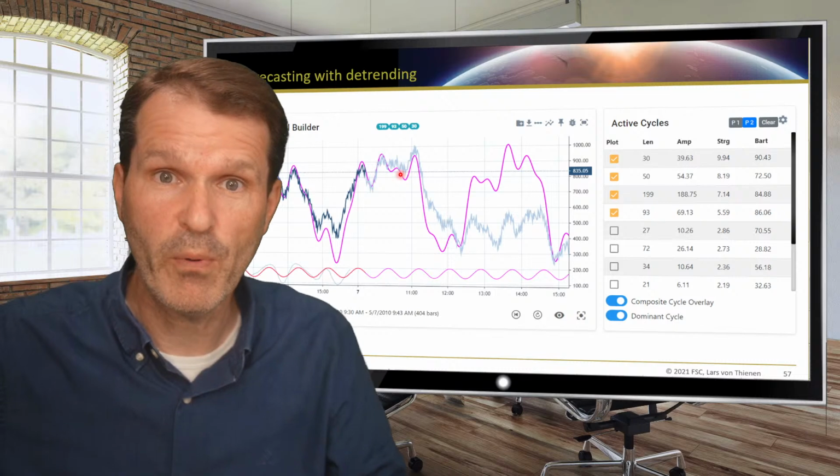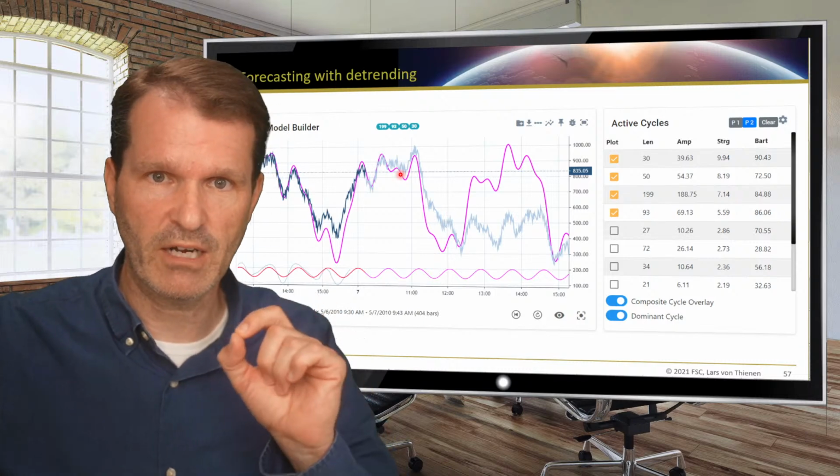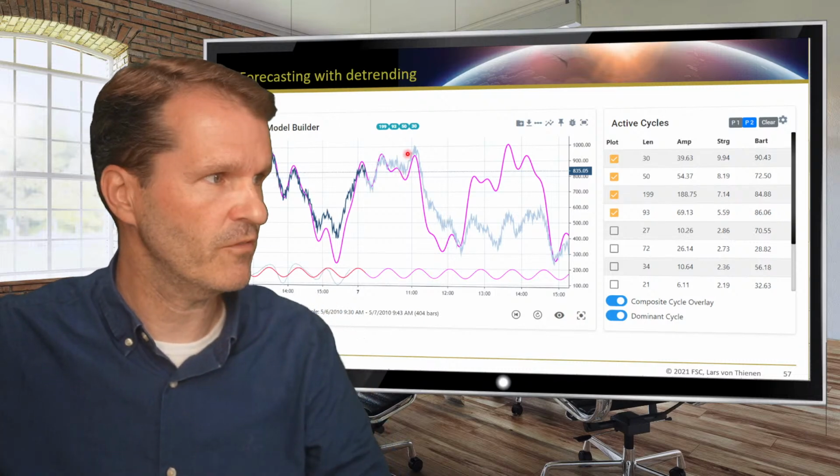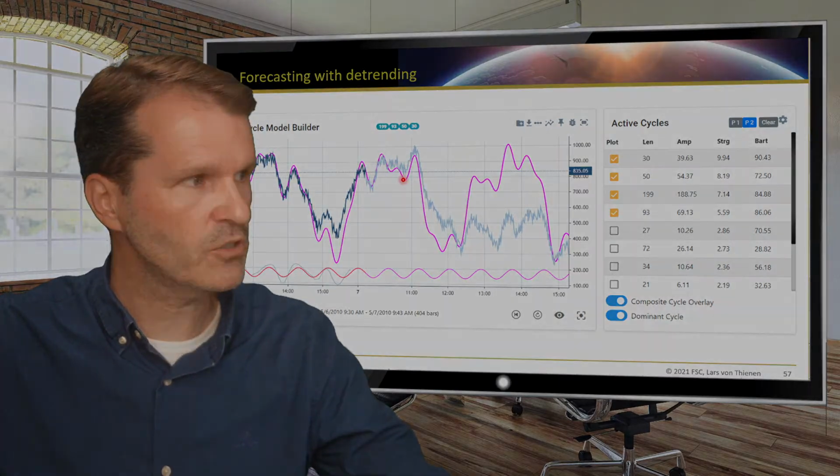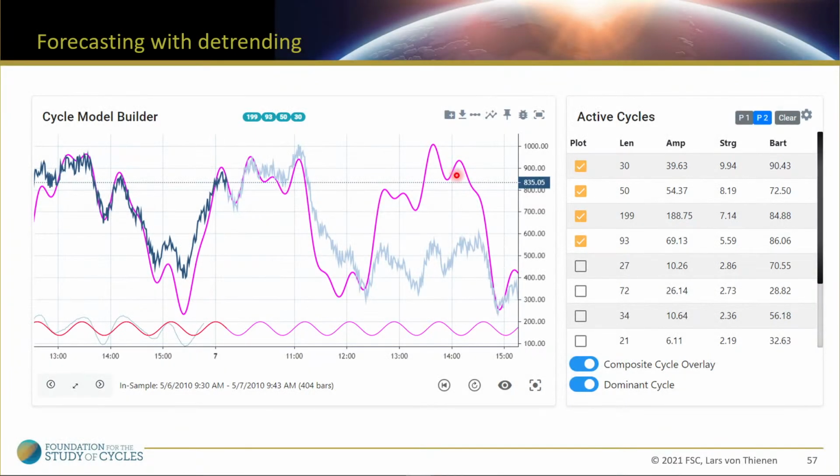But more important than just the length, we now have the correct phase detection of these cycles. If you have a closer look at how this aligns with major tops and bottoms, you can see in the out-of-sample period how nicely this was able to spot the future tops and bottoms in these markets, which was not possible by just using the raw data series.